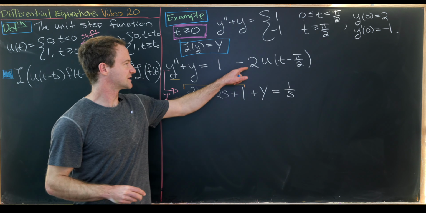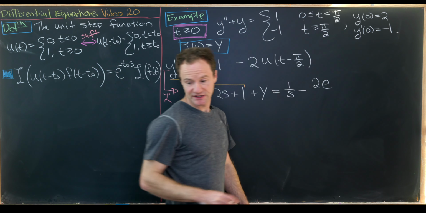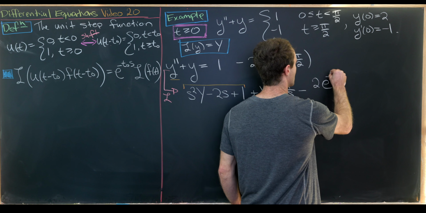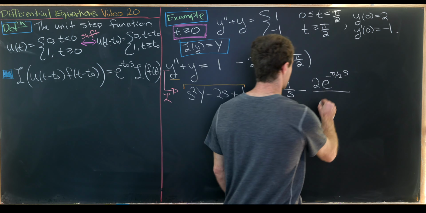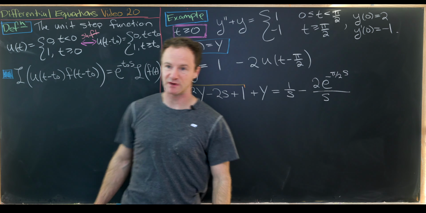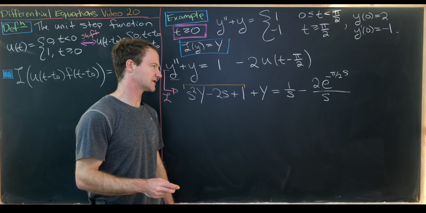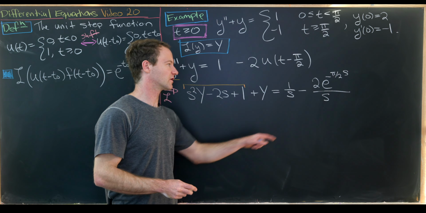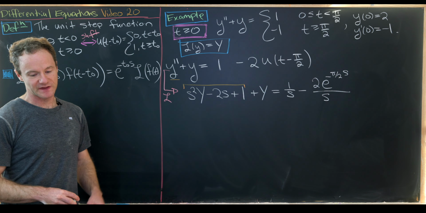Then the Laplace transform of this will give us minus 2 e to the minus pi over 2 times s over, let's see, s. Great. Because the role of f over here is being played by the constant function 1, and the Laplace transform of the constant function 1 is 1 over s. That's why we get this s in the denominator. Okay, so that's looking good.